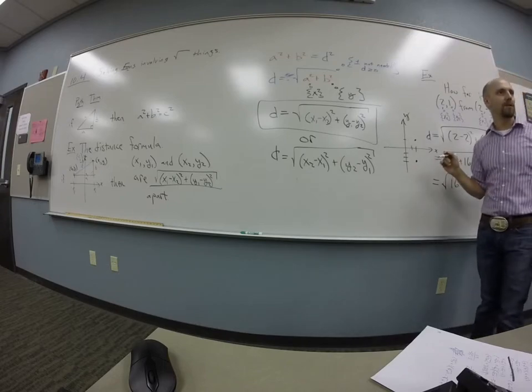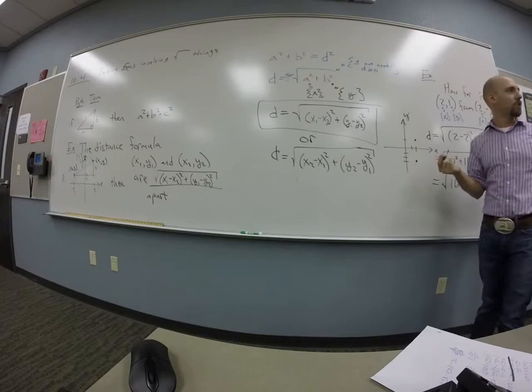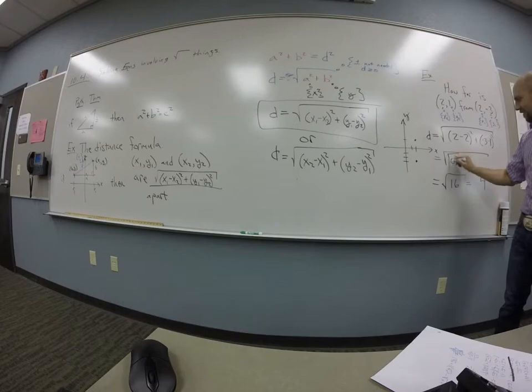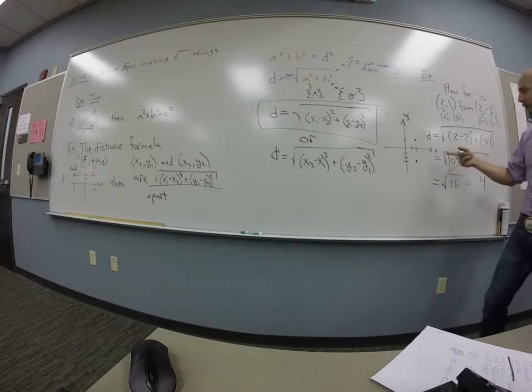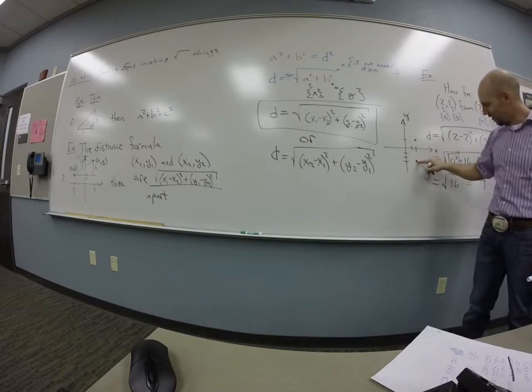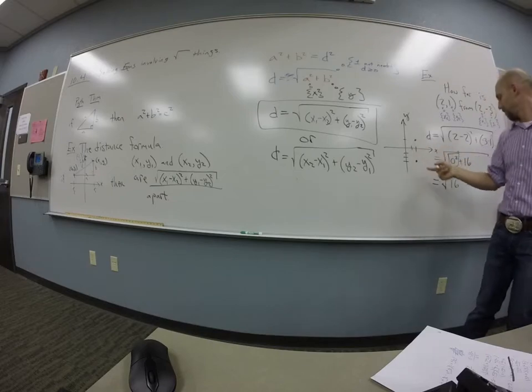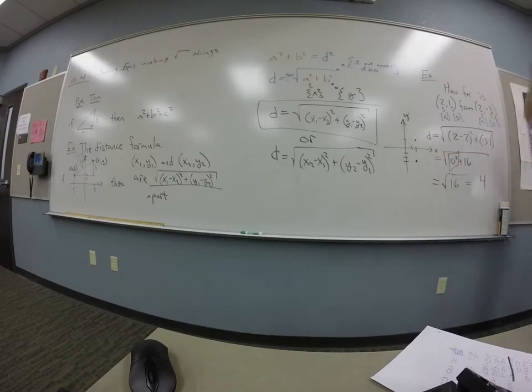You guys see what happened? Yeah, there's not really a triangle here, right? It's 4 spaces, right? It's, okay, 1 space, 2, 3, 4 spaces up. Cool, it works, right? At least for vertical ones.